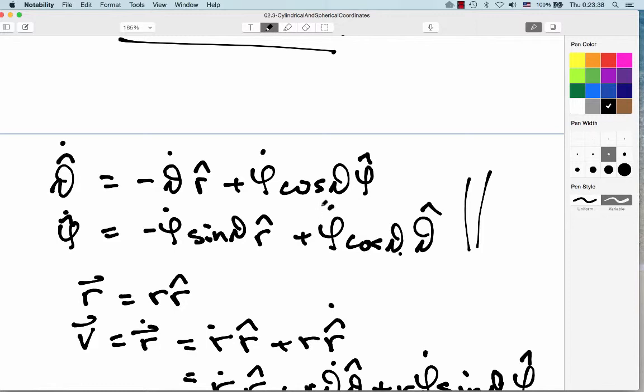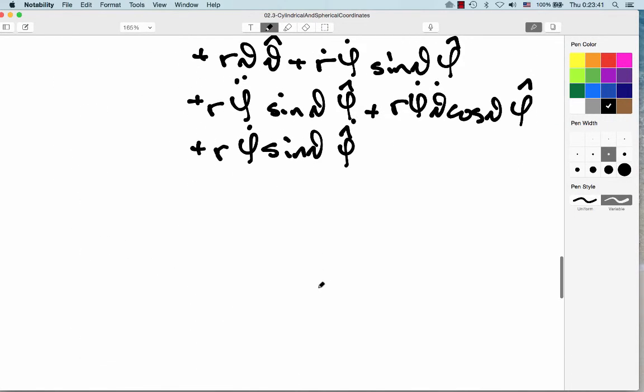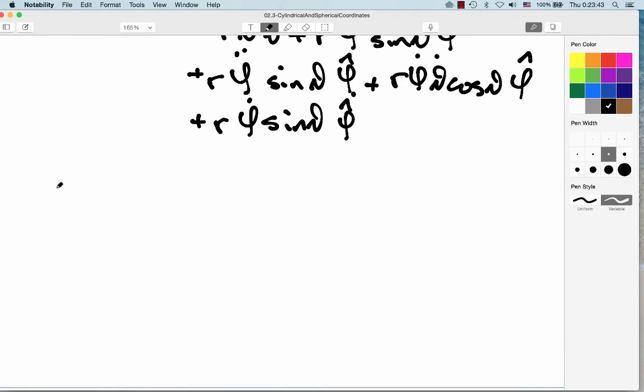And once again, you will substitute all of these guys in. When you do that, it's not going to get too terribly clean.